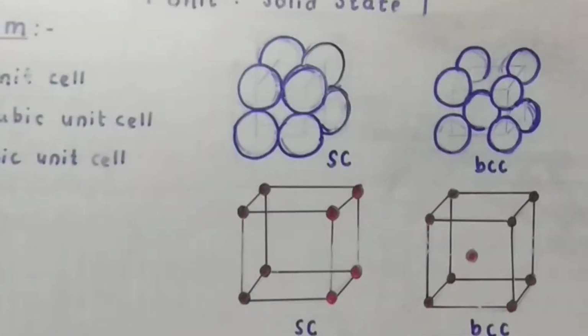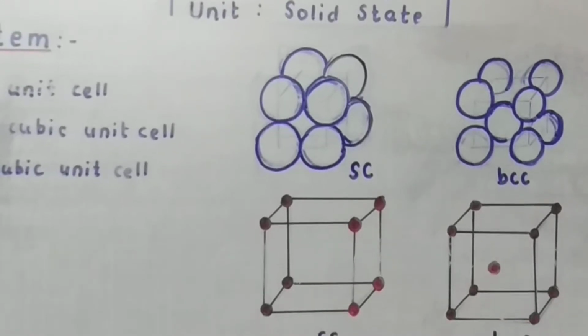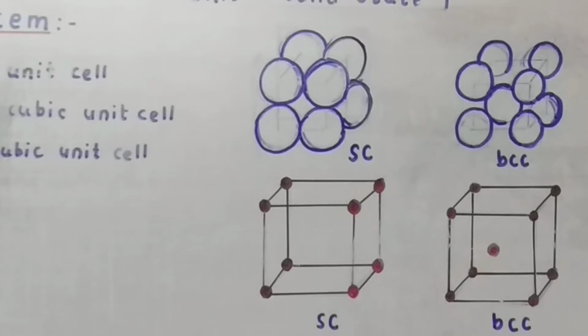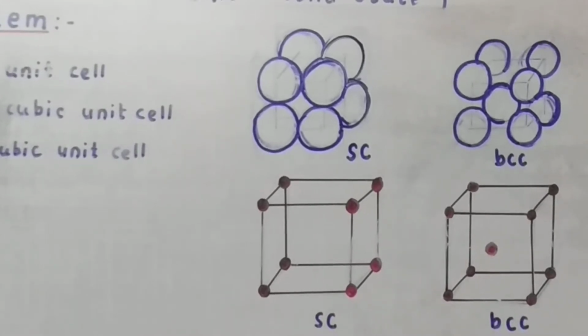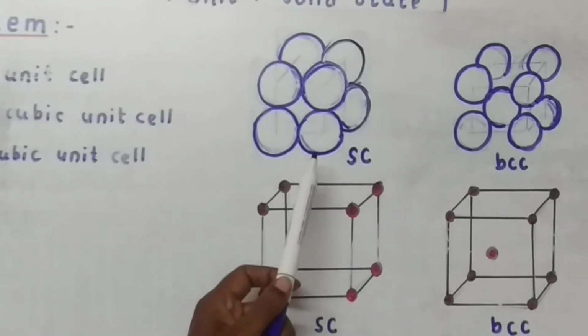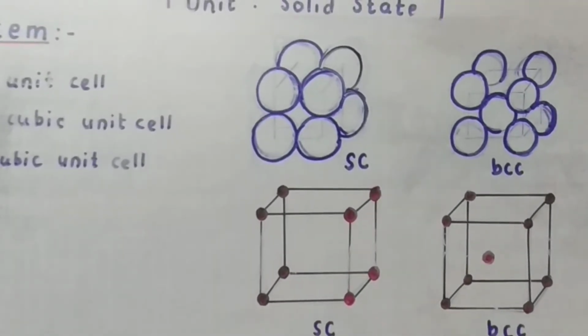So actually in this way 1/8 portion of each atom is present at 8 corners of cube. So number of particles present in simple cubic unit cell is 1/8 into 8 equal to 1.